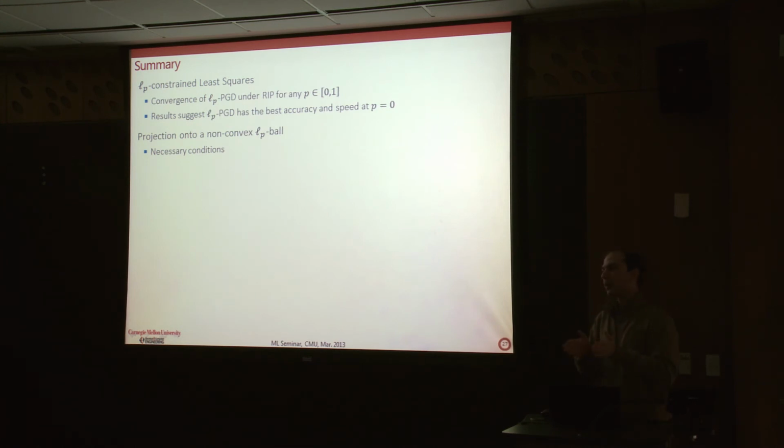Your ultimate goal is to find a minimizer of the expected risk, right? So if you measure the accuracy in terms of the expected risk, then you have to revise the sufficient condition in terms of that measure of accuracy.